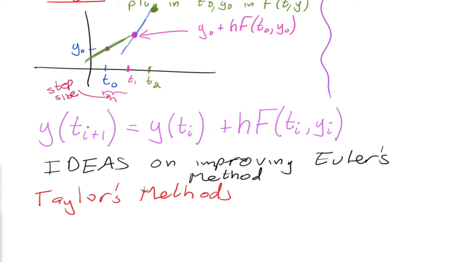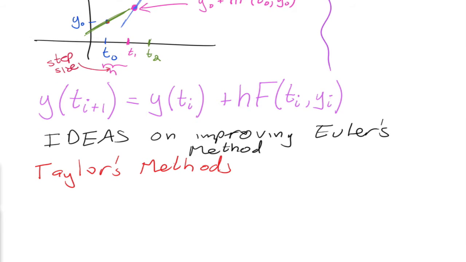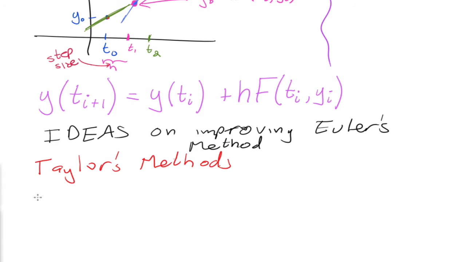So you remember Taylor polynomial. So think of it as, so let's see. So y of, well, let's do this. Euler's method you can think of as a first order Taylor's method, or Taylor polynomial of degree 1, because that's what it is, right?